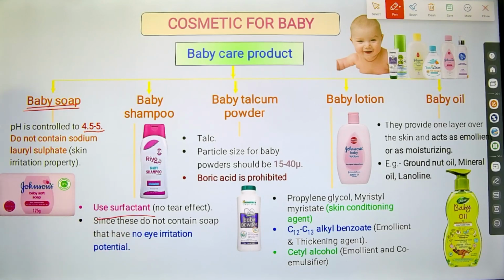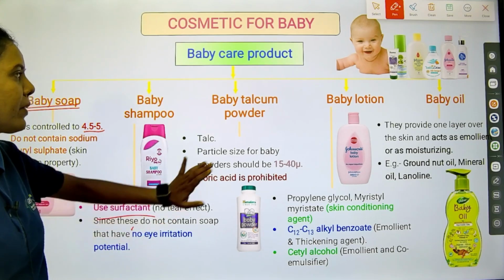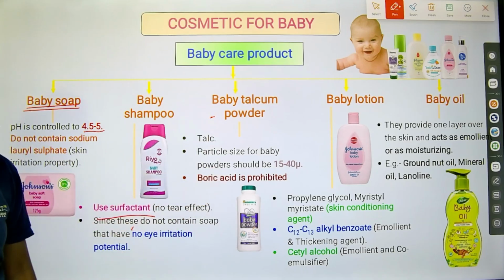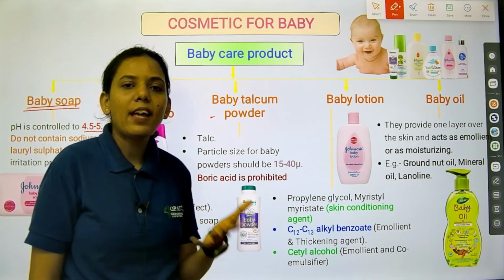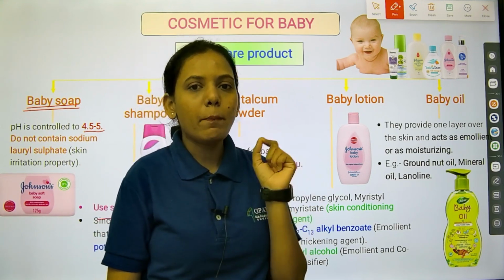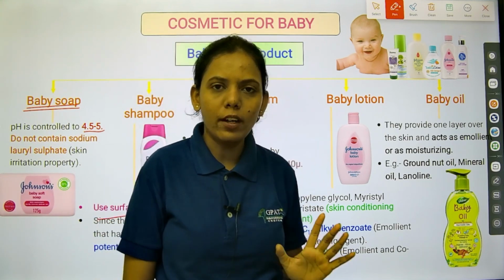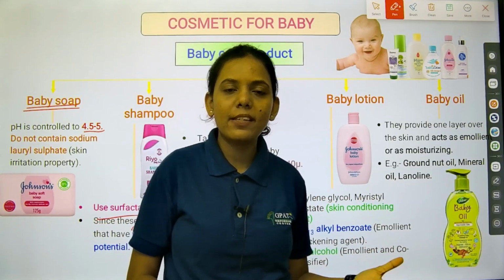Since these do not contain soap, they have no eye irritation potential, and we call it no tear effect. Next is baby talcum powder. The baby powders or the normal powders that we adults are using have a little bit higher particle size, which is safe for adults because our skin is not as sensitive as compared to a baby's skin.